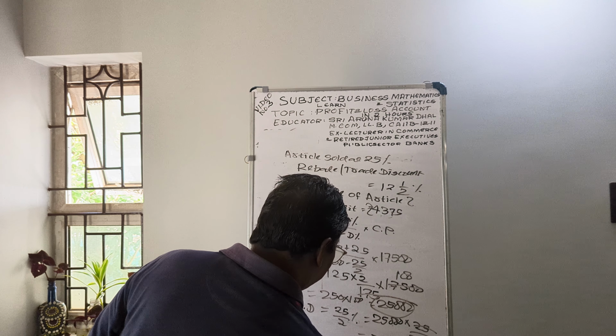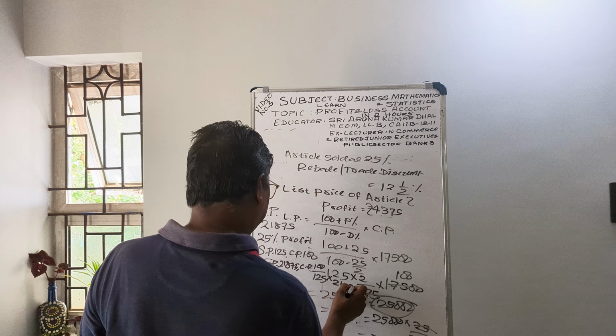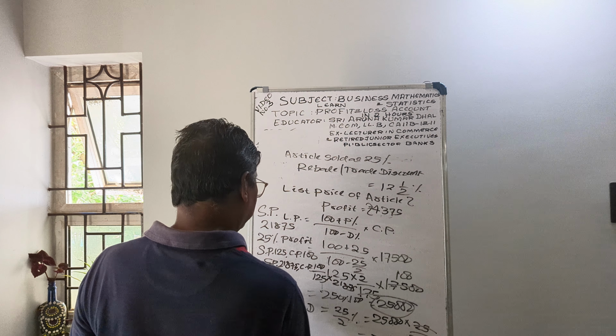21,875, so cost price is equal to 100 by 125 into 21,875. So it is 4 by 5 into 21,875, which is 4375 into 4. So the cost price will be 17,500.